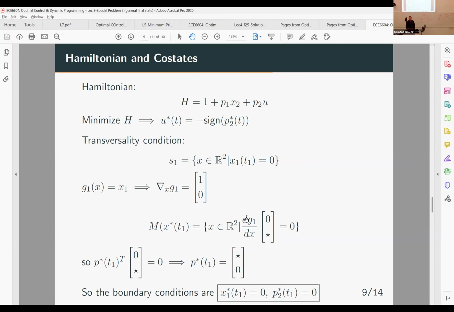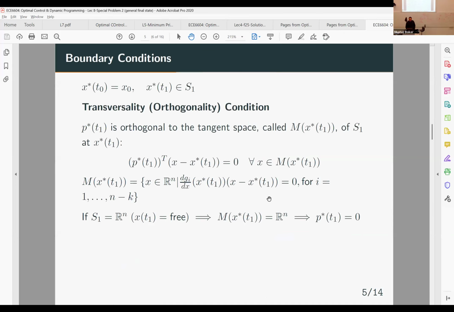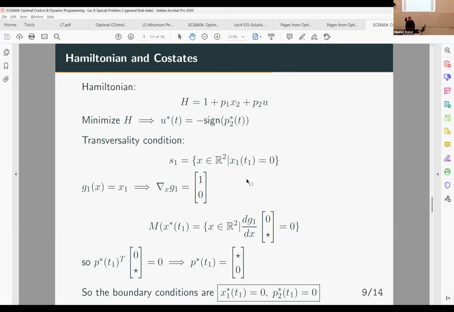What is the vector that if I multiply it by 1 and 0, I get 0? That's that vector: 0 and something that I don't care about. I use a star here. So that is 0 and star. That's what we define as x minus x star of t1. That's that vector there, or to be precise, that space.